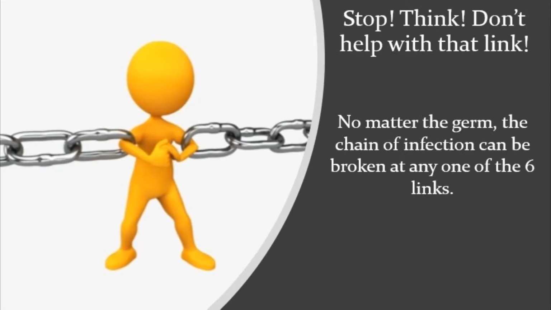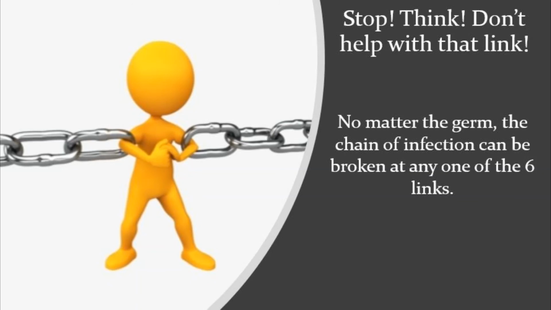If we interrupt that chain of infection, we can prevent diseases from spreading, infections from moving from one person to another. We can see here a person who is holding the chain together. That's a representative metaphor of how we help spread the chain of infection where we can stop it. So stop, think, and don't help with that link.